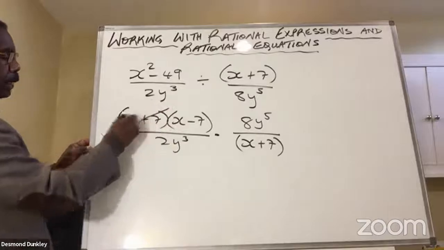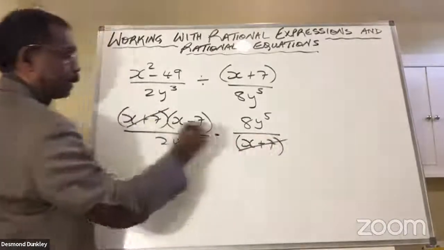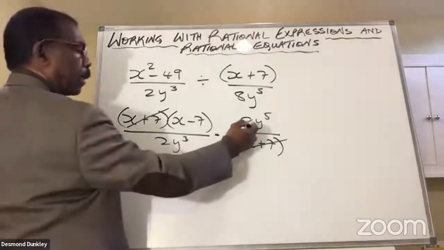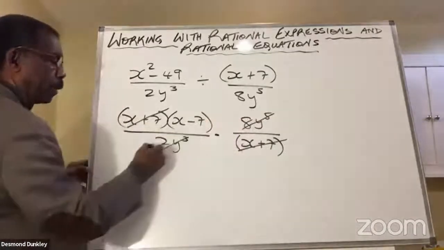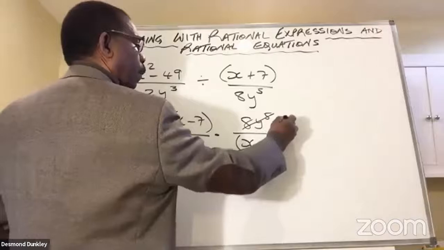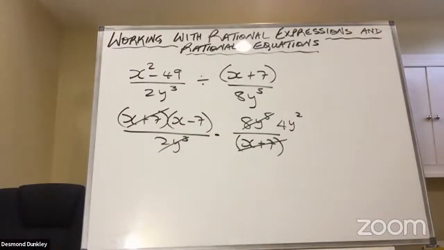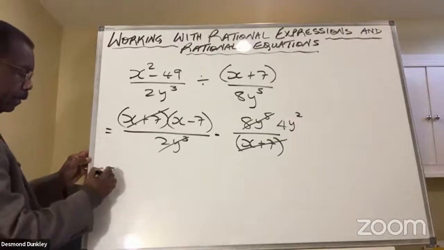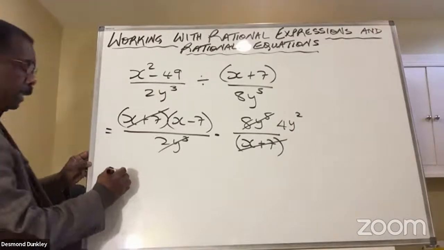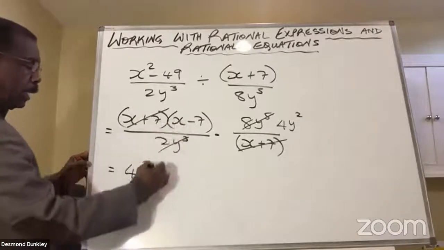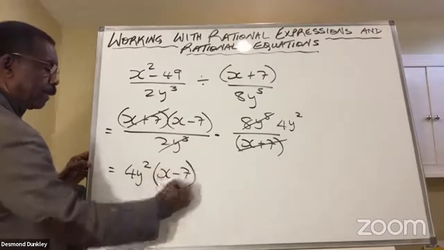Now, this x plus 7 cancels this x plus 7. This 2y cubed goes into this 8y to the 5th, giving 4y squared. And so therefore, our final answer is going to be 4y squared times x minus 7.